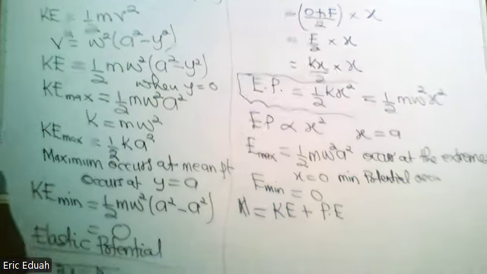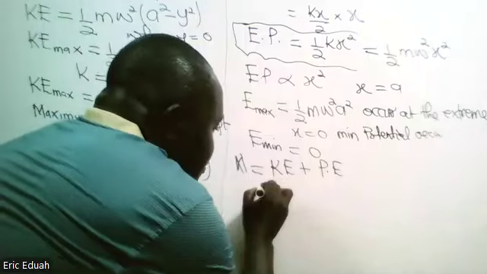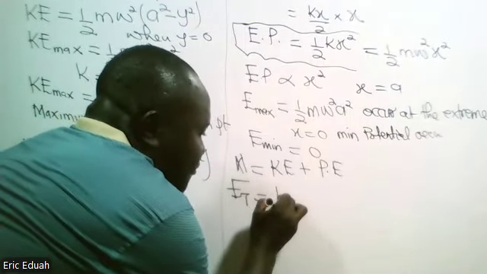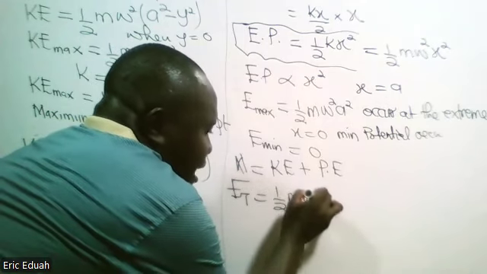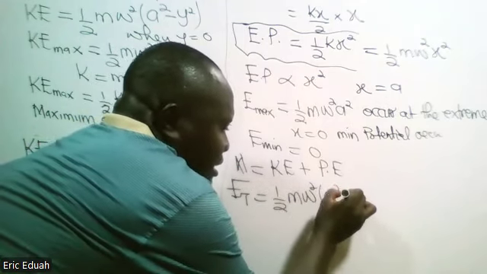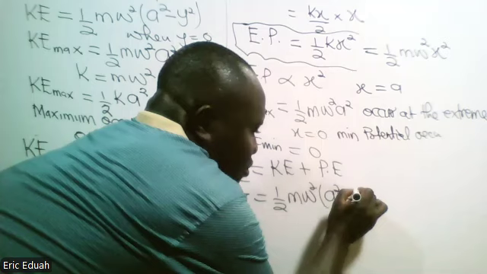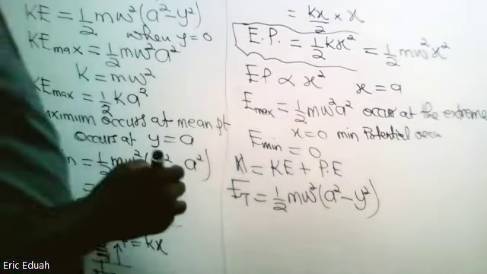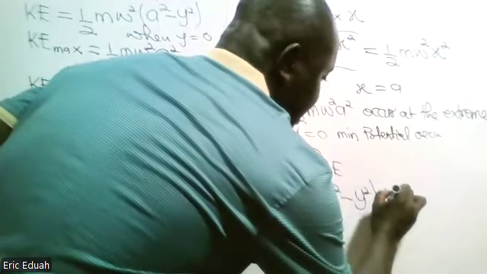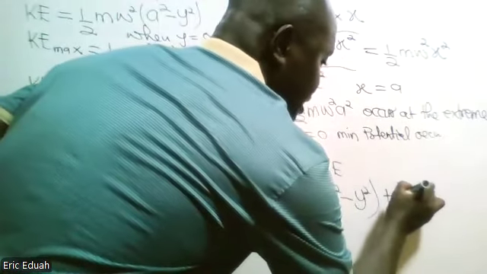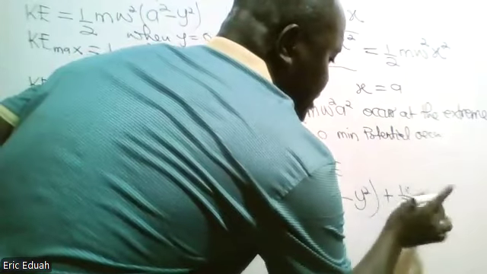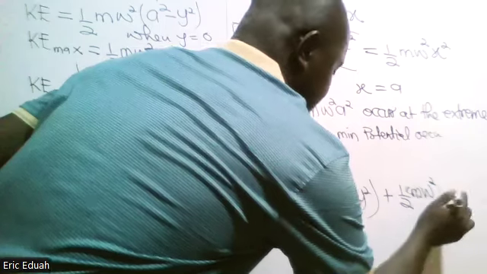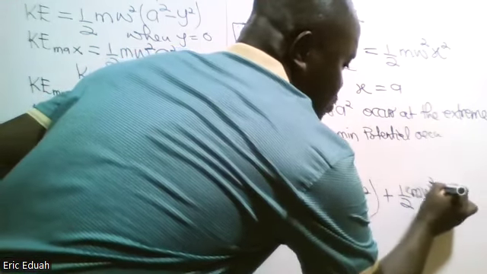So E total, therefore, is equal to half m omega squared (a squared minus y squared) plus the elastic potential energy, which is half m omega squared times y squared.